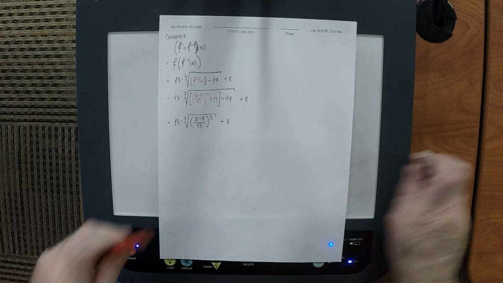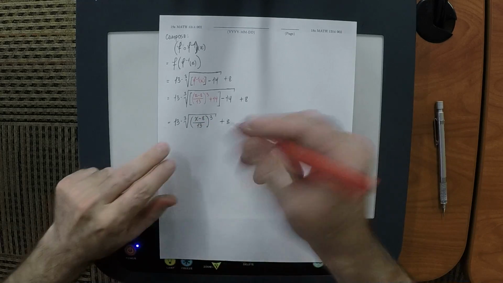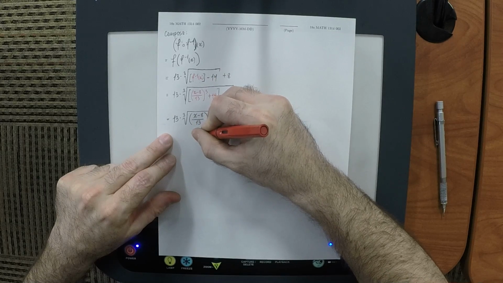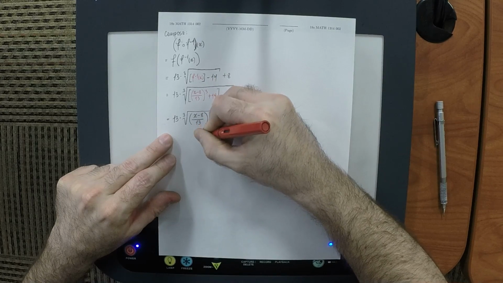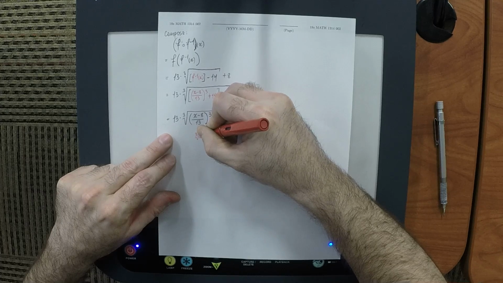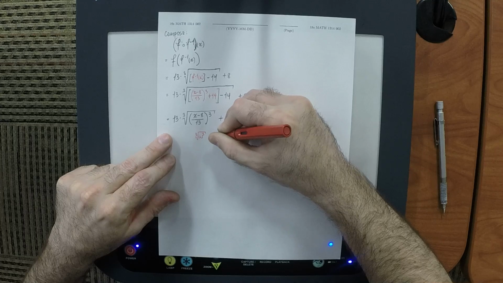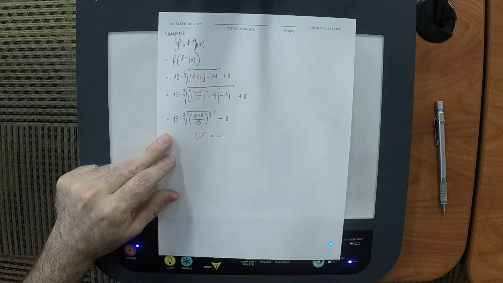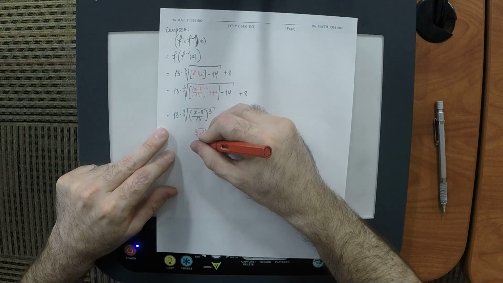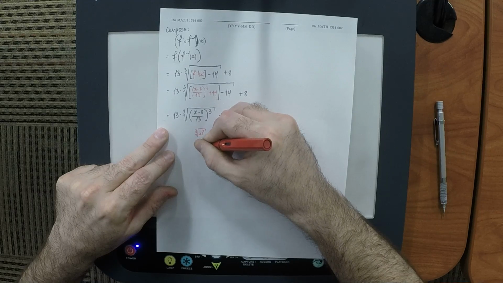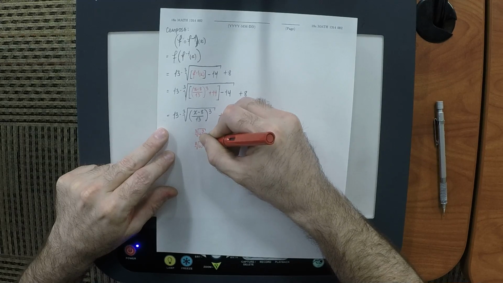Okay, good. So you've got to be comfortable with that because remember that, for example, the cube root of w cubed is w. That's true. That's good. But what about, say, the 8th root of w to 8?